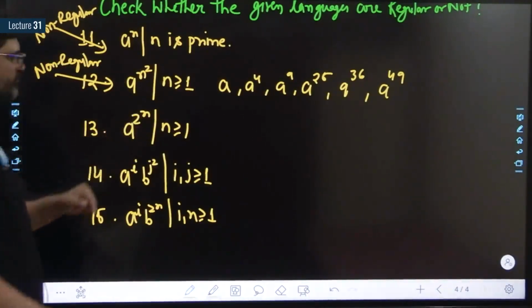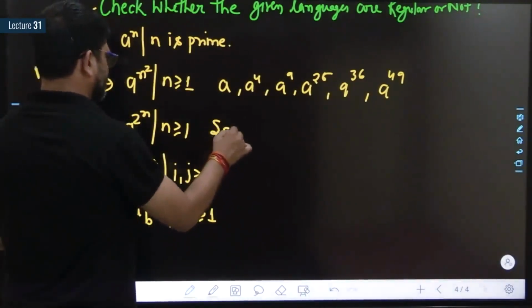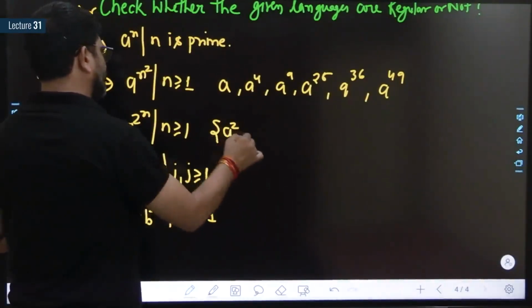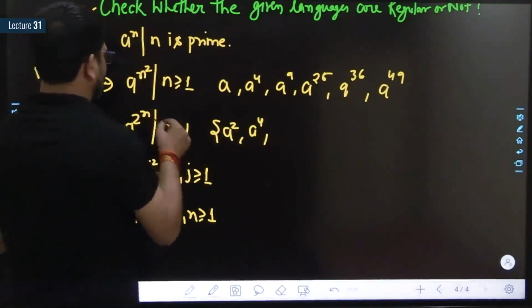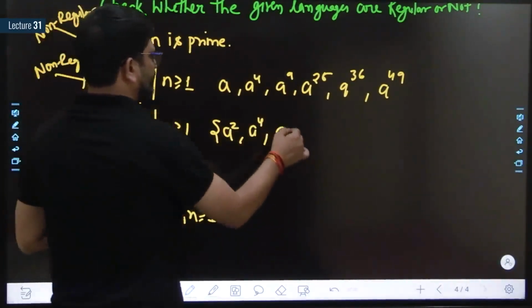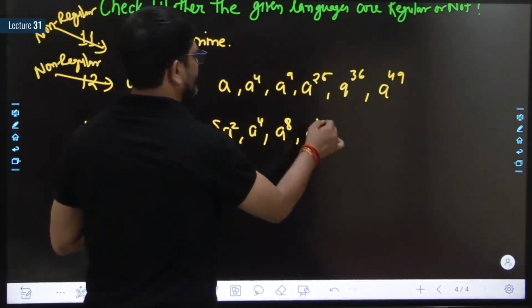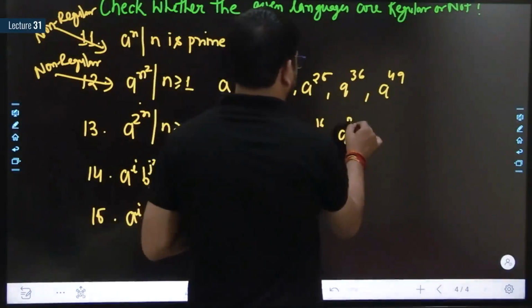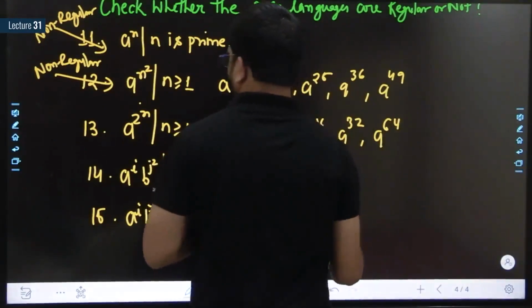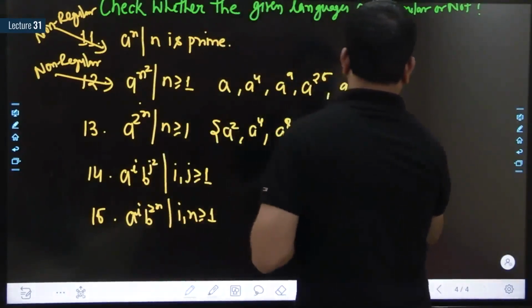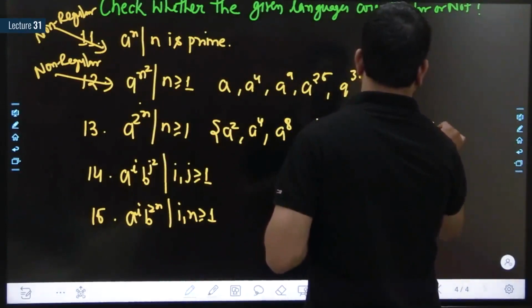If I take n equal to 1, then we get a^2; n equal to 2, a^4; n equal to 3, 8; n equal to 4, 16; 5, 32; 6, 64; 7, 128.